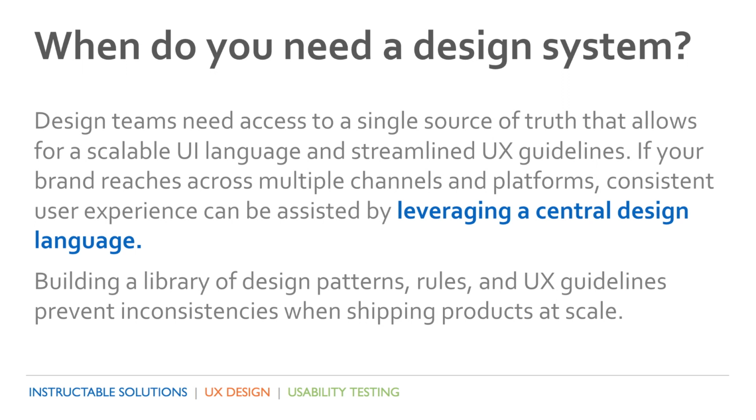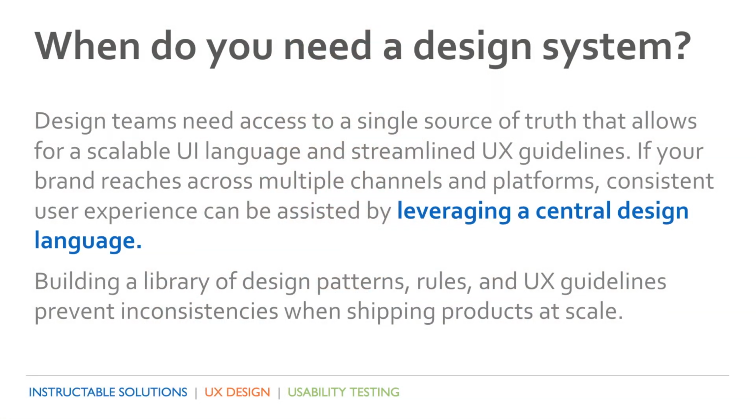Building that library of design patterns, rules, and UX guidelines prevents inconsistencies when shipping products at scale. As soon as you cross geographies, boundaries, languages, having a consistent design style that's executed through the use of a design system allows you to share across the world what your vision of your brand is in the digital space.